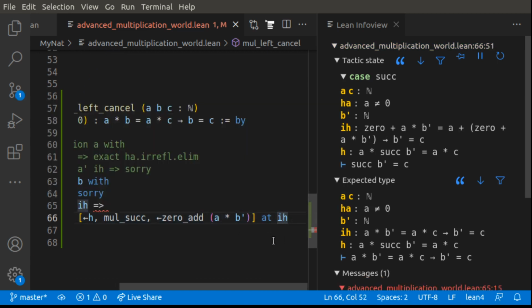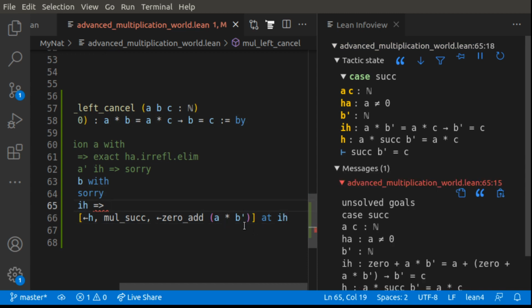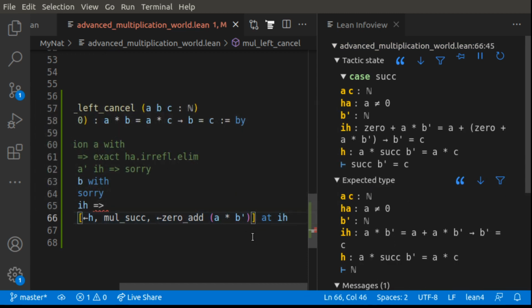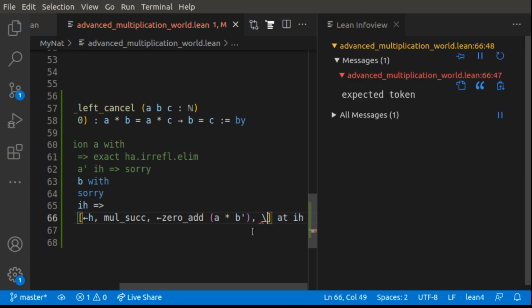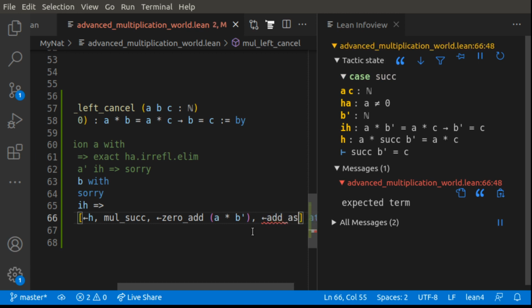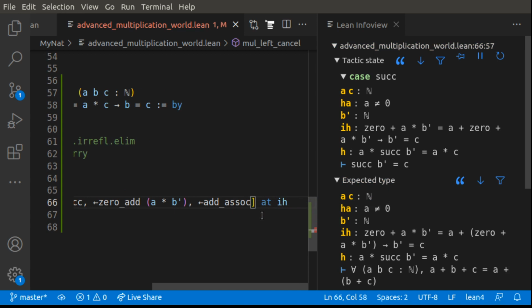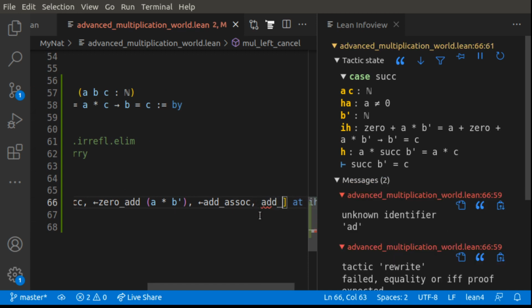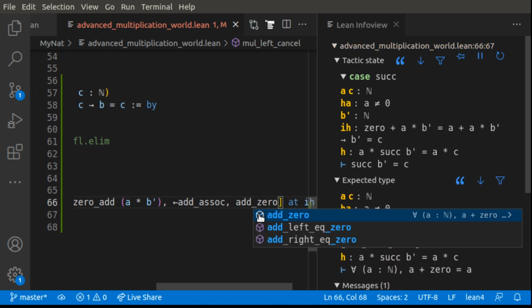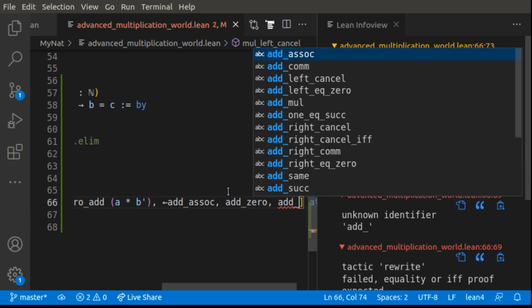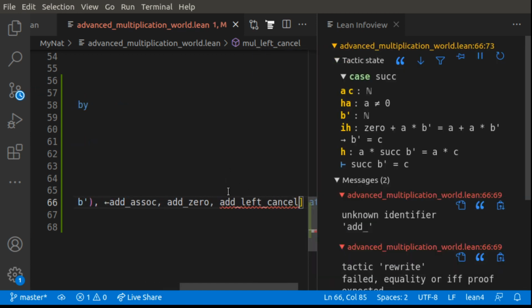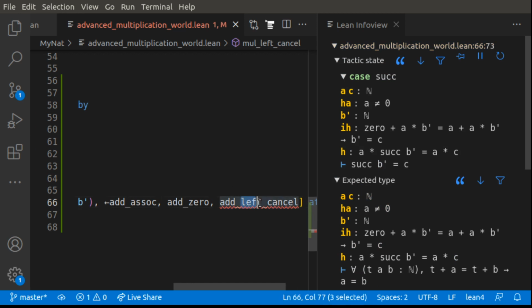Okay. Associative. Add 0. Okay, add left cancel. Oops, right cancel.